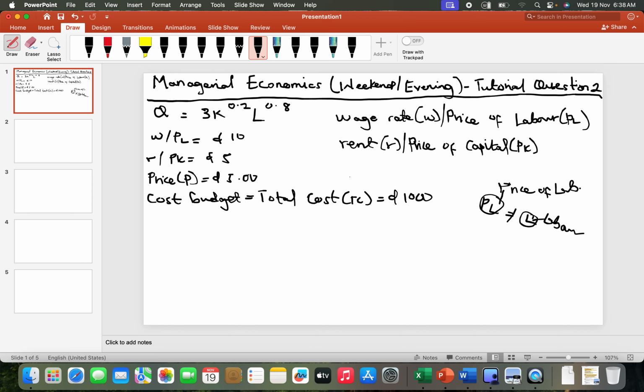Then capital, which is K, is different from rent. Rent is R, so capital and rent are not the same, but rent is the same as price of capital. Okay, so this is the information that was deduced from the question.